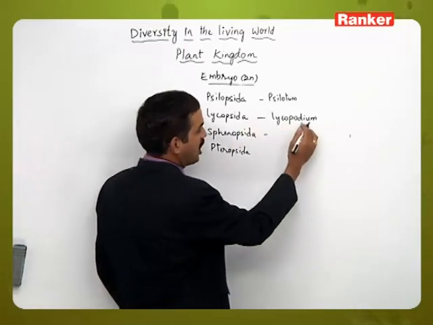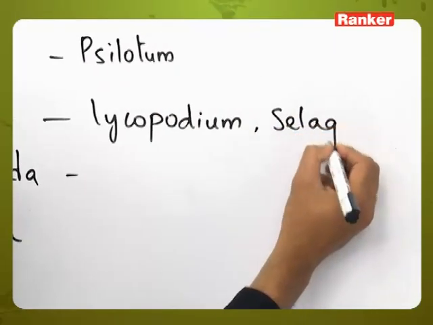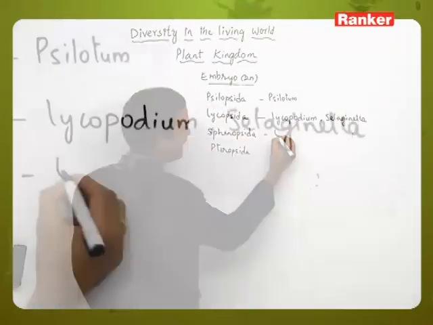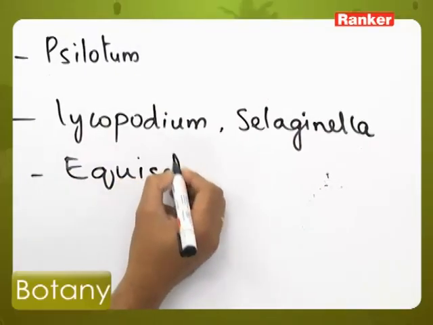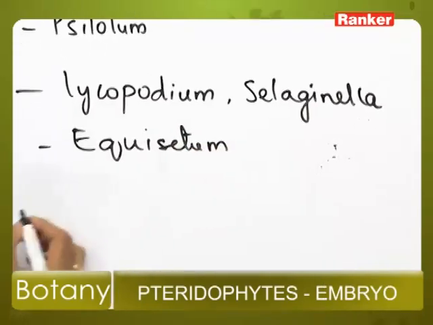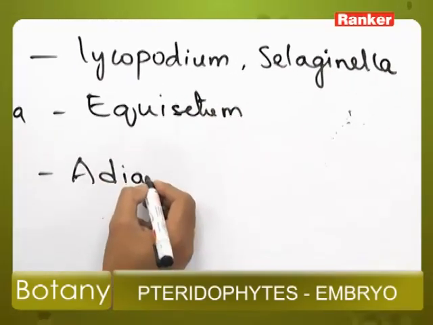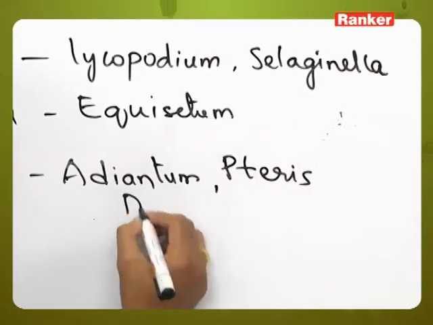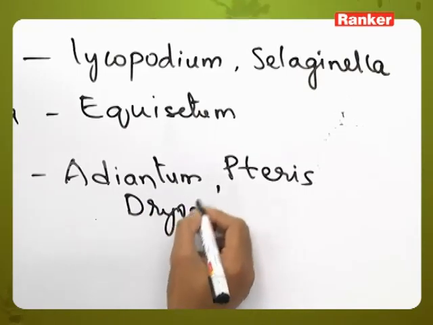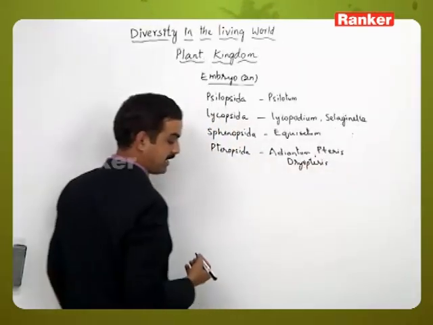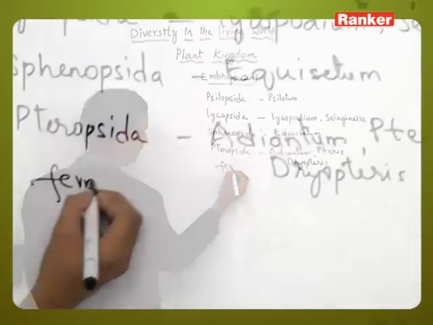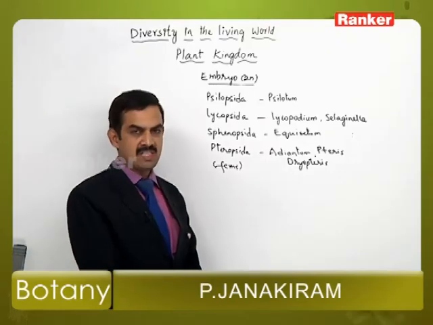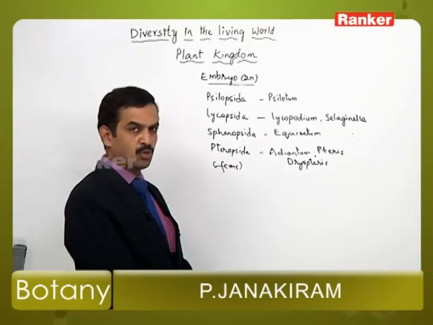In Lycopsida, along with Lycopodium, Selaginella is another example, and Sphenopsida includes Equisetum, which is called horsetail, and Pteropsida includes Adiantum, Pteris, Dryopteris like examples. And here the Pteropsida includes the fern plants. So these are the 4 further divisions that can be observed in the Pteridophyta group of plants.